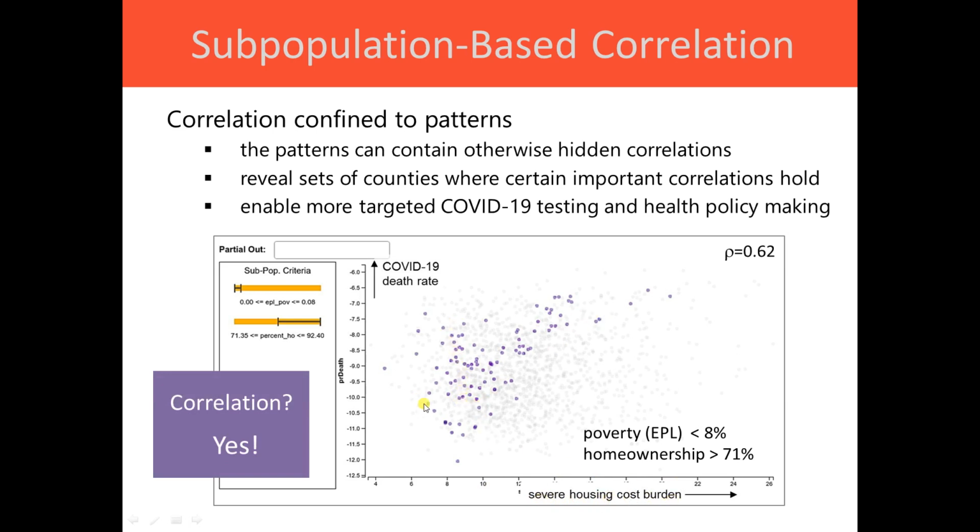You can explain this actually. This is basically reflective of back in 2009, right, when we had this housing crisis. There are lots of people that live in these rich counties, but they have this house and they can't really afford it. So they have a lot of housing burden, a lot of housing debt. When they have high housing debt, they can't afford lots of things. They can't afford healthy food. They can't afford exercise.